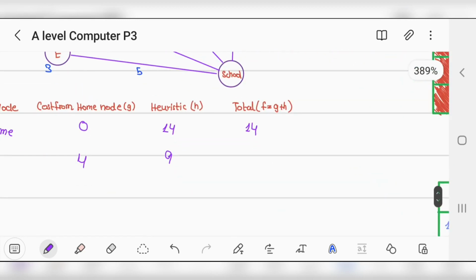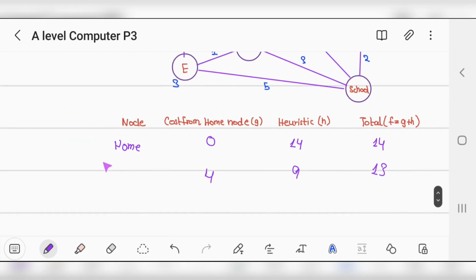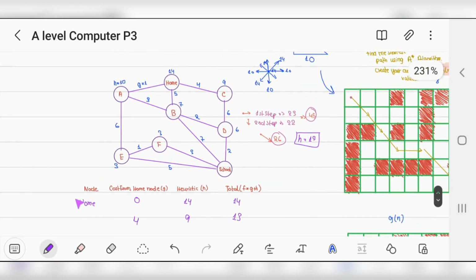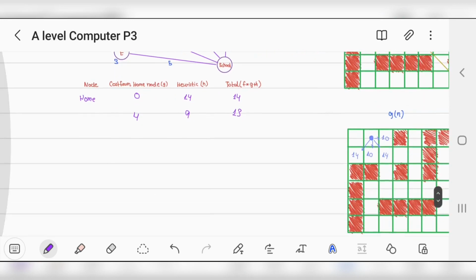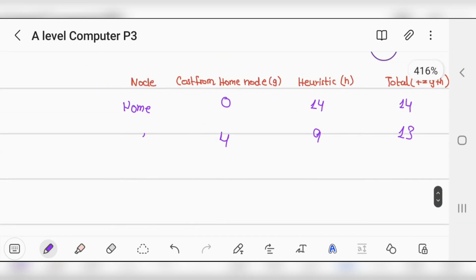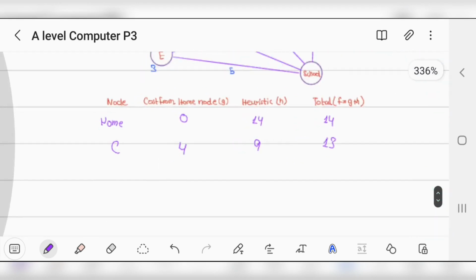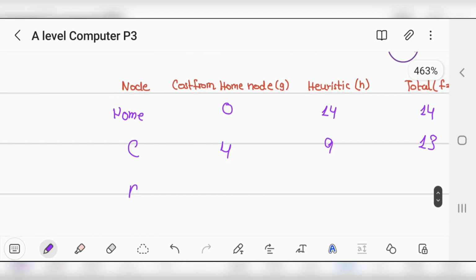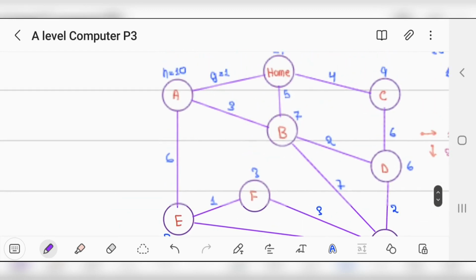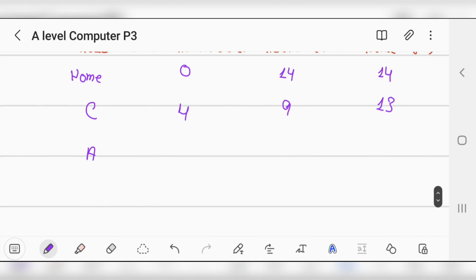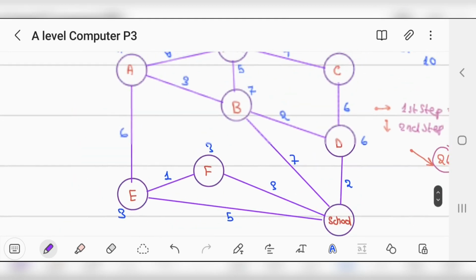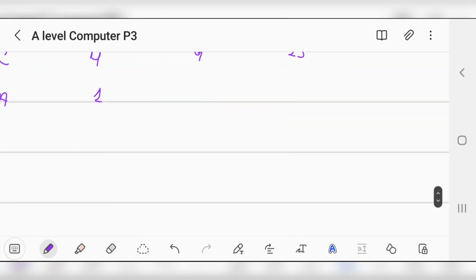So this is 13, and this is C. If I go from home to A, the cost is 1, the heuristic is 10, and this makes 11.